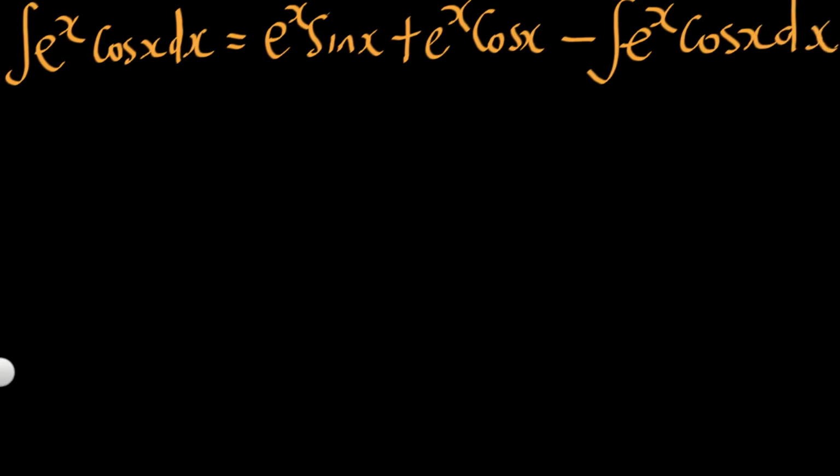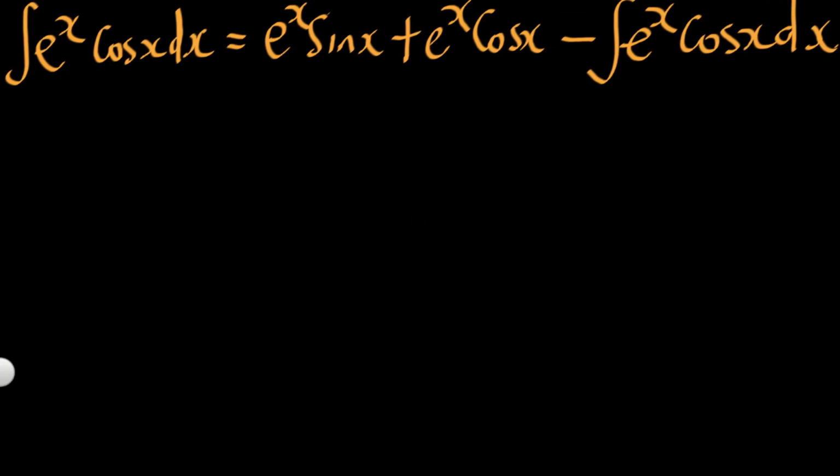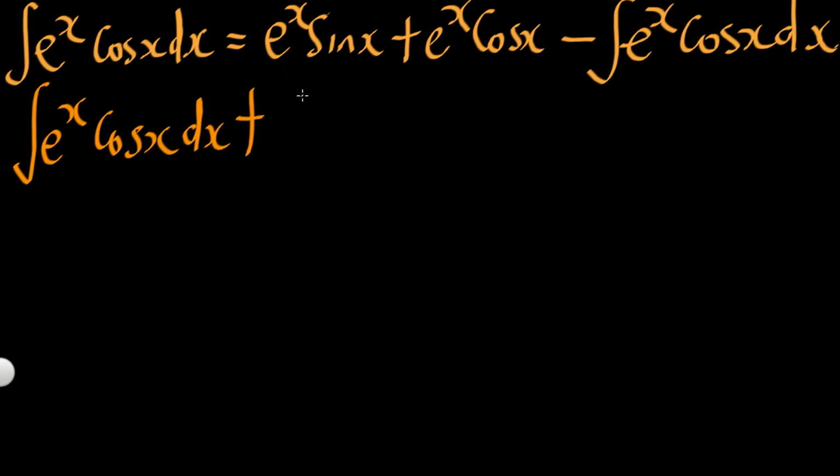I'm going to apply ordinary algebra here, which means I'm going to shift this to the left hand side. I'm going to add these two integrals together using the ordinary rules of algebra. So this will be integral of e to the power x cos x dx plus integral of e to the power x cos x dx.